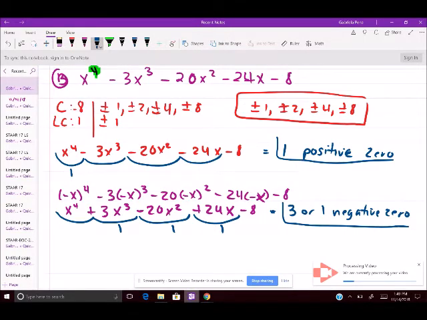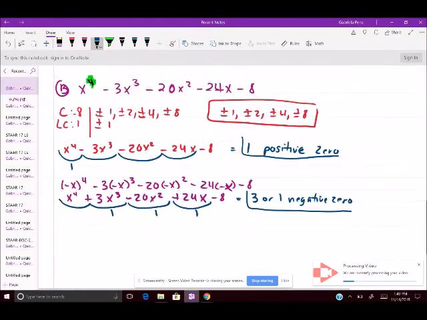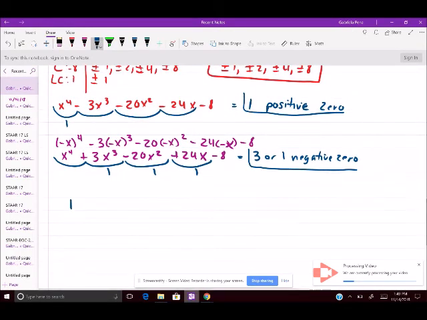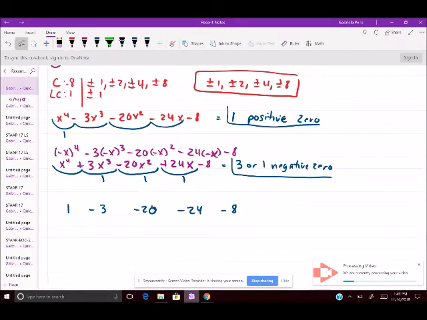So this is going to get to a point where you have to use your quadratic formula. And that's going to be the case here. So let's set up the synthetic. 1, -3, -20, -24, and a -8. So I will start off using negative numbers because there's more.